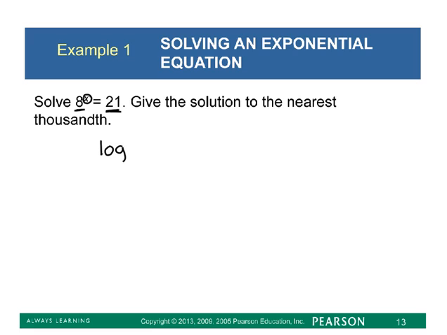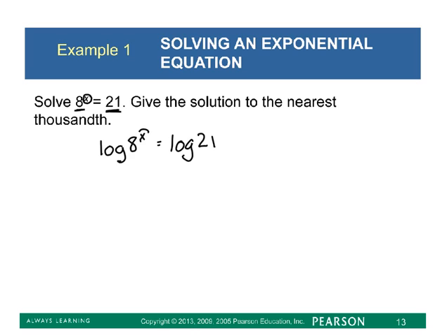So let's take the log of both sides of our equation. So we're going to say log of 8 to the x equals log of 21. And then now, to get x down from being an exponent, that is why we're using our logarithms here.